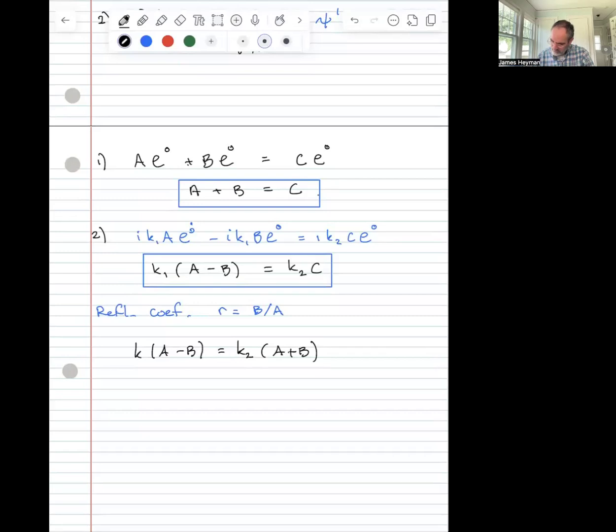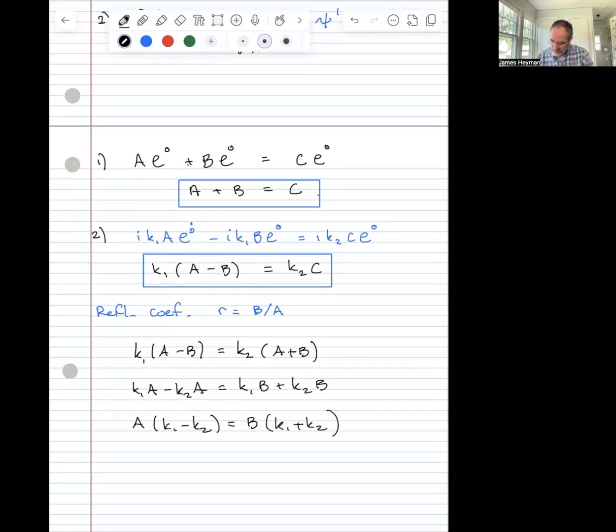So, separating the terms, we have k1 times A minus k2 times A is equal to k1 times B plus k2 times B, okay? Or A times (k1 minus k2) is equal to B times (k1 plus k2).